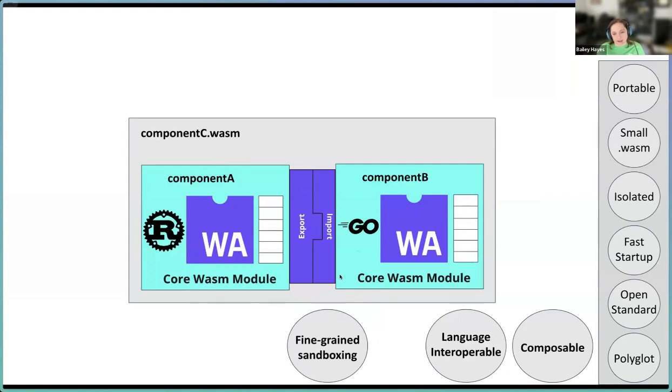And so the third key property that components build on top of existing WebAssembly properties is that it supports fine-grained sandboxing. So basically, each component has its own linear memory. For a runtime to implement components, it also has to support basically the multiple memory proposal.